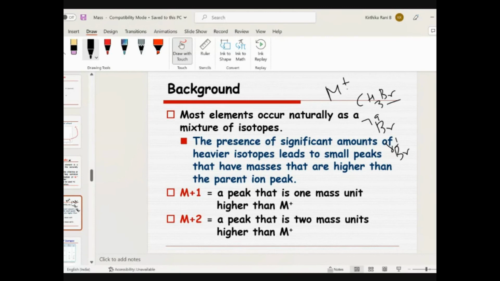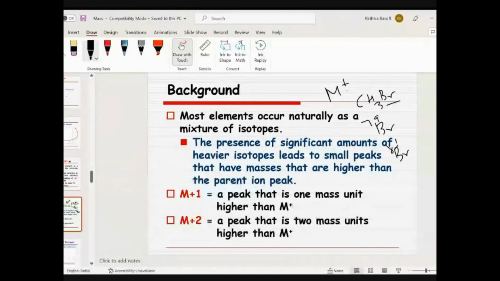When I calculate the molecular mass, the bromine can be 79 or 81. I cannot peep into the molecule to find out, so the molecule can have either 79 or 81, and they are equally probable.